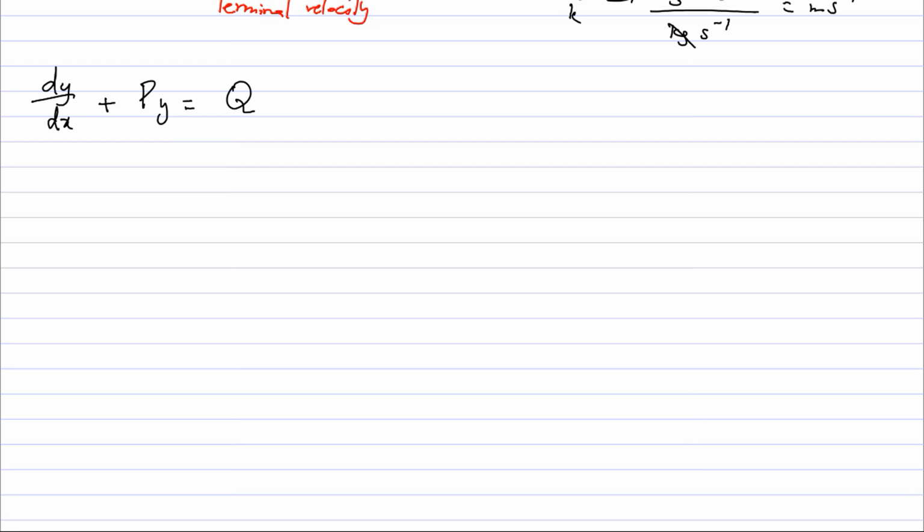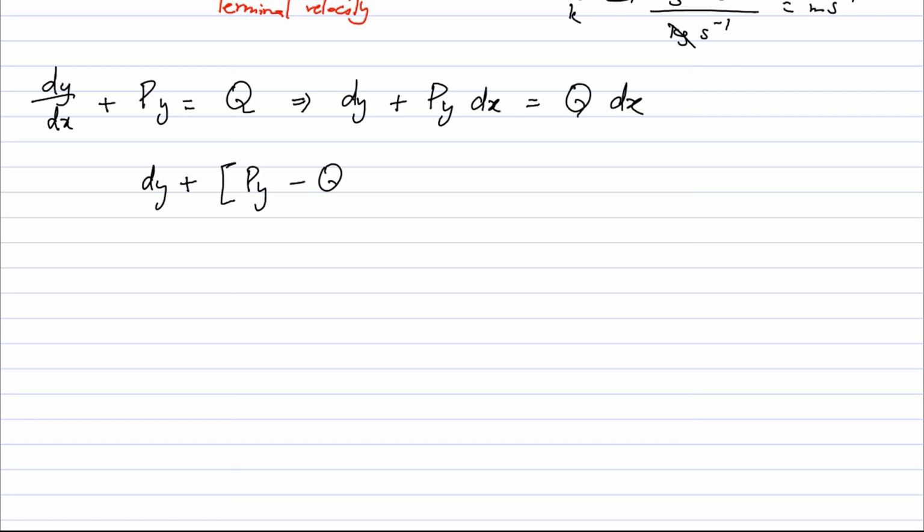But I can play around with this. I can multiply by dx on both sides. So I will have dy plus py dx is equal to q dx. I can then rewrite this, of course, as dy plus (py minus q) dx. All I've done is take q dx to the left hand side.